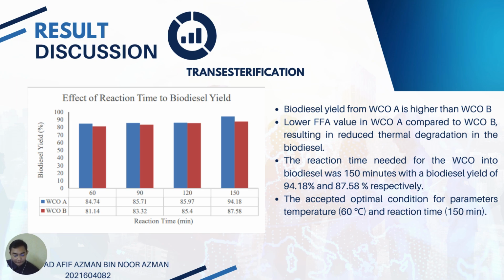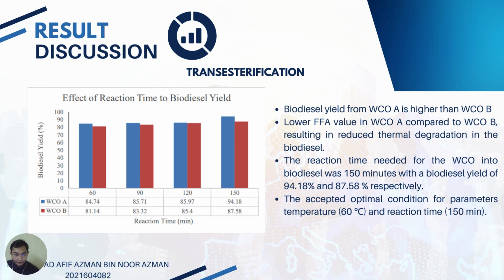The FFA content and moisture content were low in the WCO due to the reduced thermal degradation and low usage time. The reaction time needed to convert the WCO into biodiesel was 150 minutes, with biodiesel yields of 94.81% and 87.58% respectively.